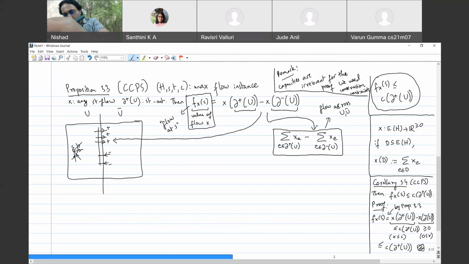Let me just put it this way. The cut in the undirected sense. So it has to account for both kinds of edges. How do we compare these two quantities?